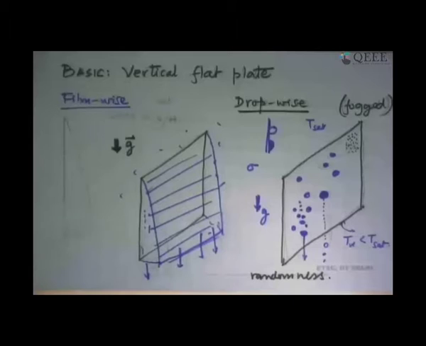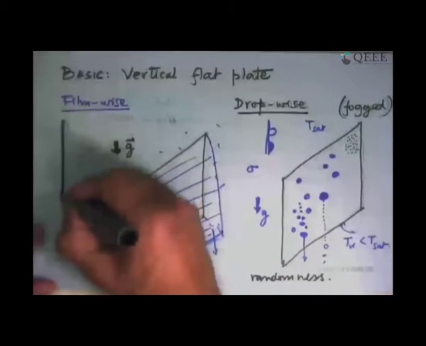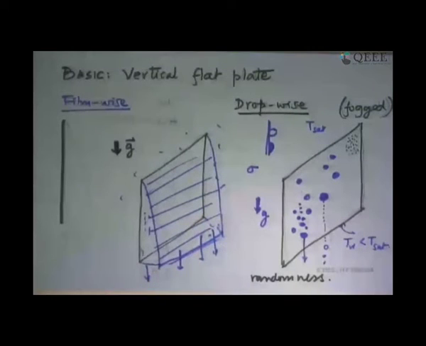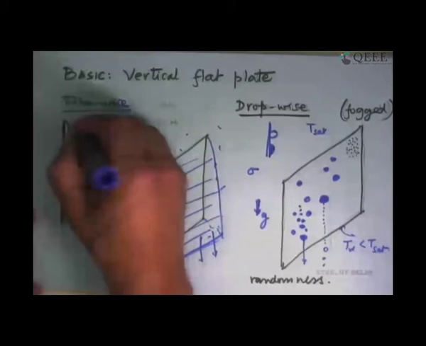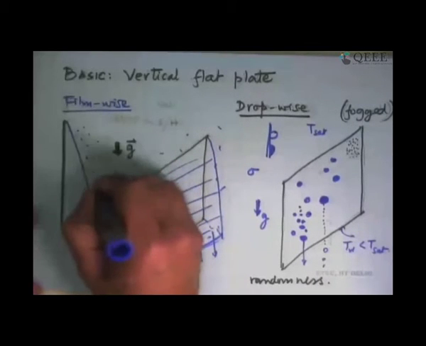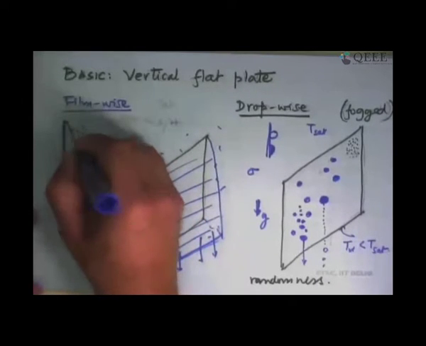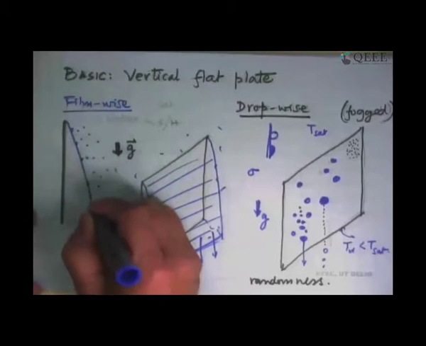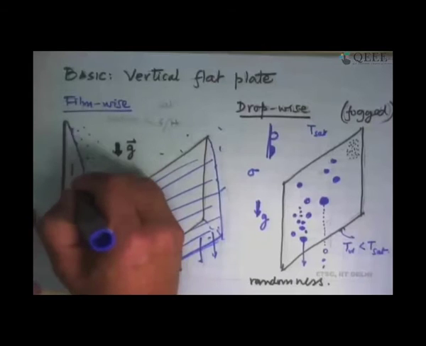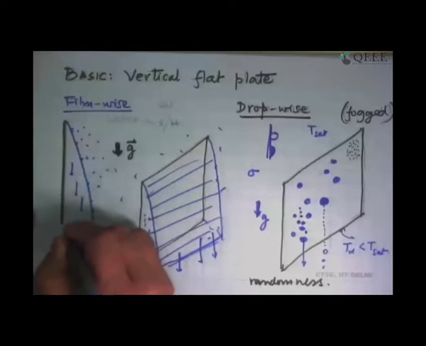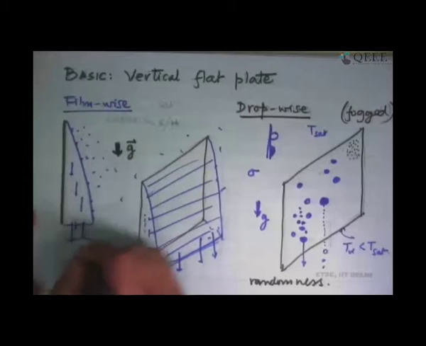And if you look at the end view, which is the one that we will use for learning some of the basics and developing some of the theory, we have this film forming up over there. The vapor gradually keeps getting condensed, a little bit condenses there, a little bit condenses there. So it is adding everywhere a little bit, and at every point this film is moving down until it comes here, and finally it all drops off as a stream.